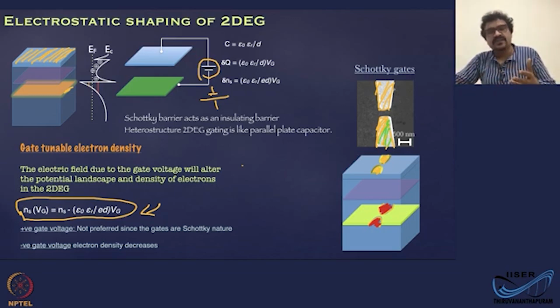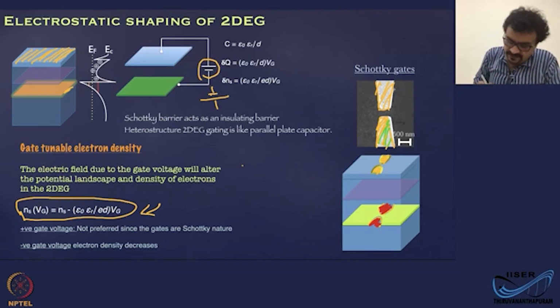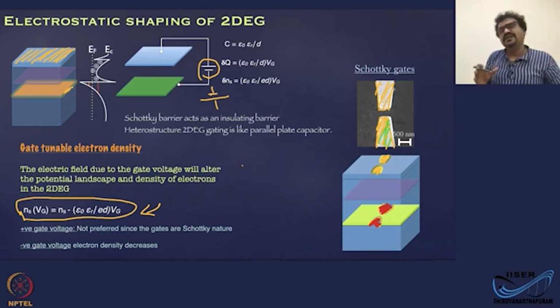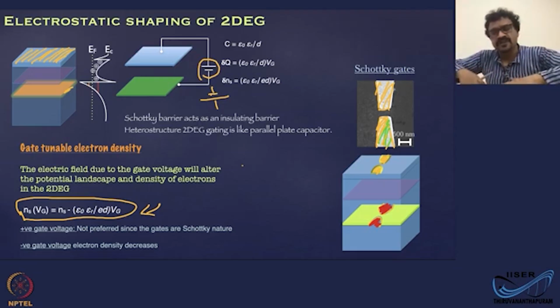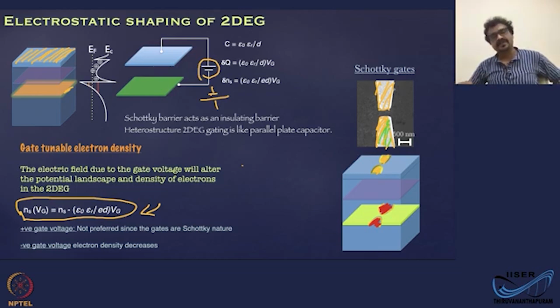This is called electrostatic shaping of the 2DEG. That means you are not really shaping anything on the electron gas sheet, but you only put gates with a certain shape and apply voltage, and you will get a mirror image of that shape in the sheet. That is called electrostatic shaping.